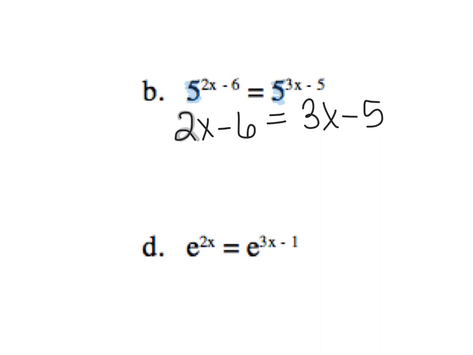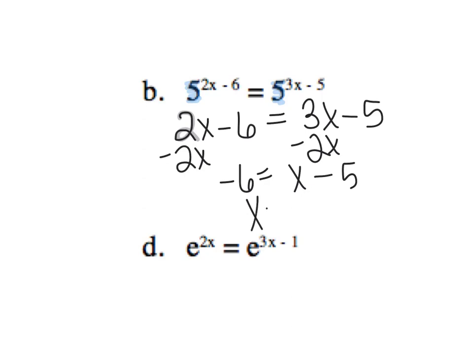And again, now we're just having a multi-step equation. I'm going to subtract 2x from both sides. Negative 6 equals x plus 5. If I subtract 5 from both sides, I get x equals negative 11. If you want to take a minute, pause the video, you can go back in and substitute the solution into the exponents up there, and you should get a true statement.